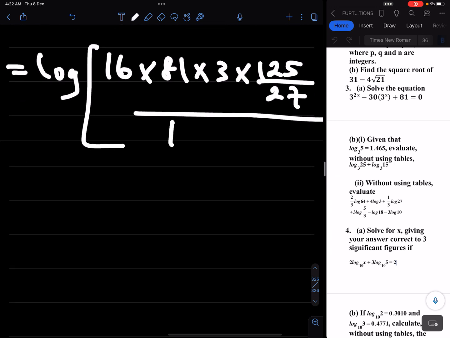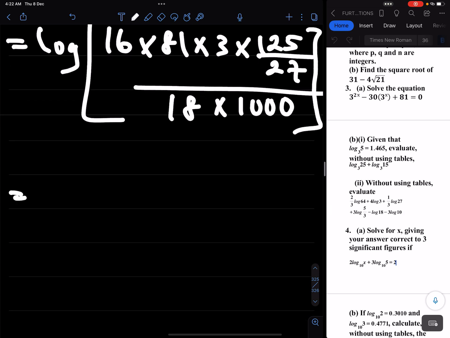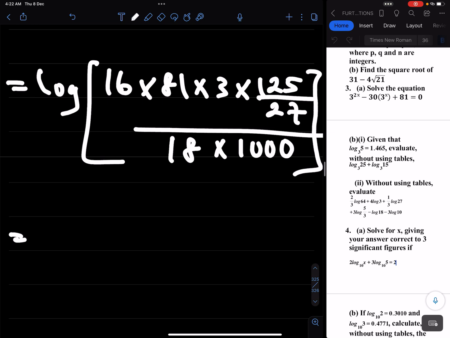So divided by 18 times 1000 that way, and that will be equal to, so what does this give us? First of all, we can cancel this.